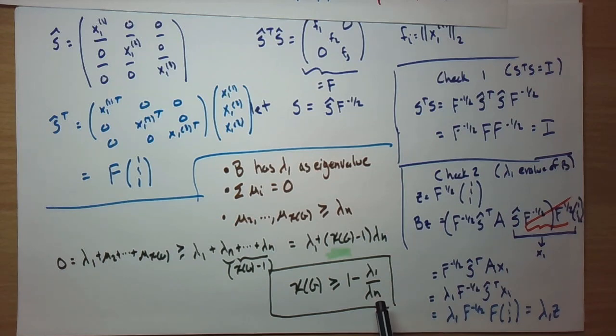And so we come to the conclusion that for bipartite graphs, the chromatic number is at least 2. So now we have a proof that bipartite graphs need at least 2 colors. It doesn't prove that you need exactly 2, but it proves you need at least 2. This is by no means tight, but it works pretty well for a number of graphs.